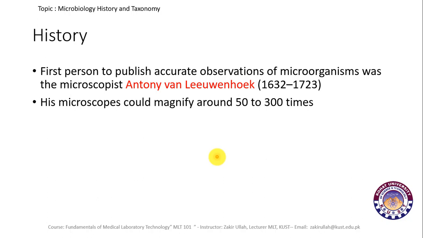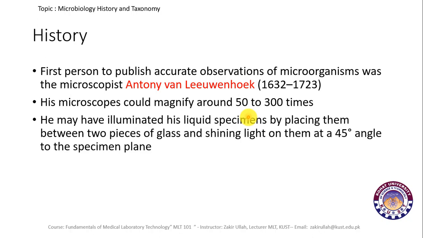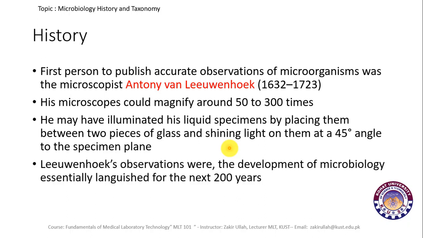The microscope he prepared could magnify microorganisms 300 to 500 times, and he may have illuminated his specimens, which were converted into liquid, by placing them between two pieces of glass and shining light on them at a 45 degree angle to the specimen plane. Leeuwenhoek's observations were the foundation of microbiology and essentially unsurpassed for the next 200 years.